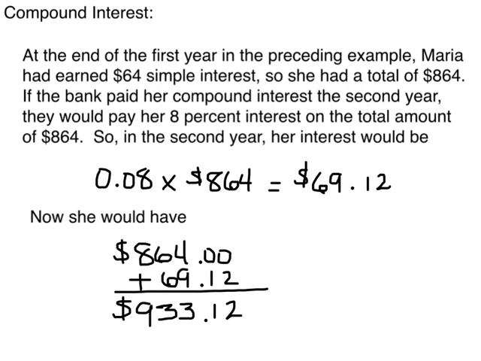So in the second year, she's going to earn not $64, but 8% times 864, which is $69.12. So now she's going to have the 864 at the end of the first year, plus an additional $69.12. So now she's got $933.12 at the end of 2 years.